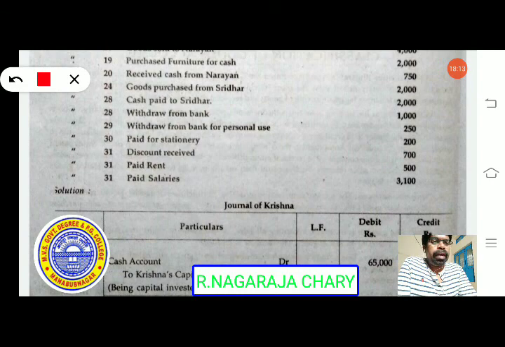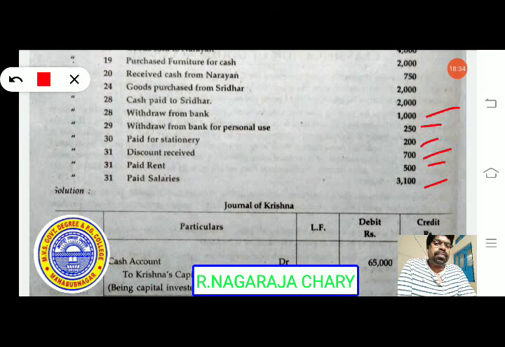Withdrawn from bank, that is 1,000. Withdrawn from bank for personal use 250. Paid for stationery 200. Discount received, that is 700. Rent paid 500 and paid salary is 3,100.